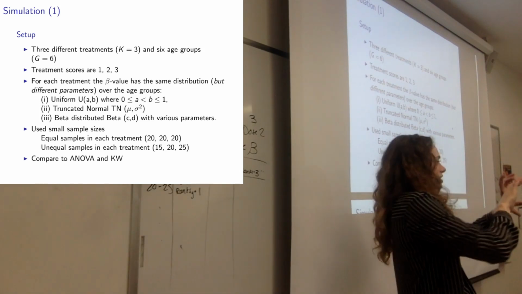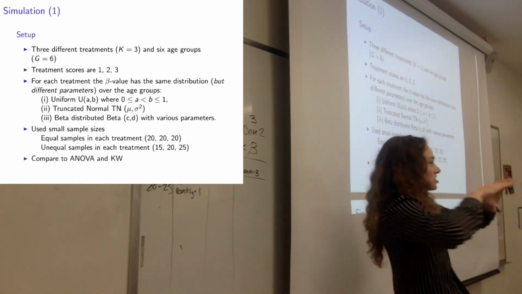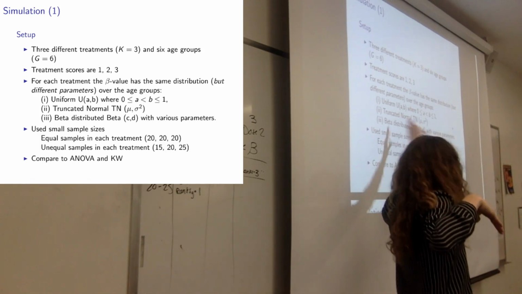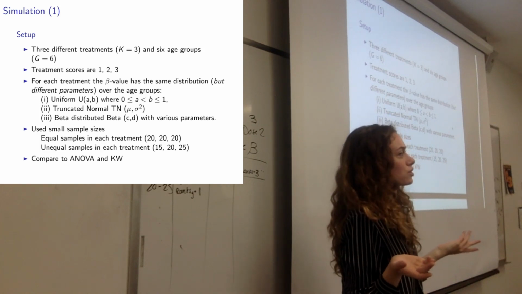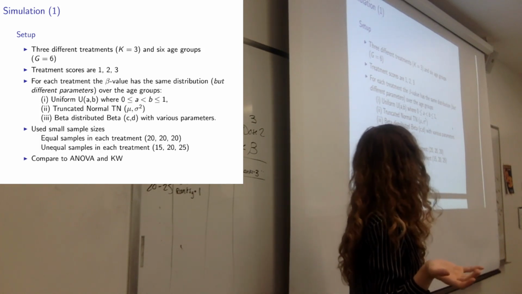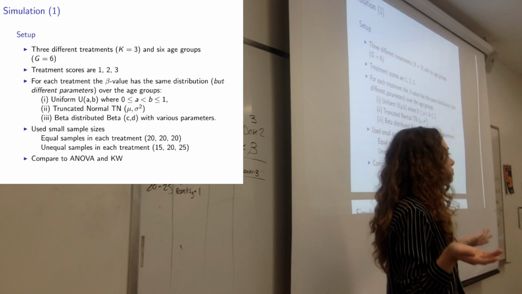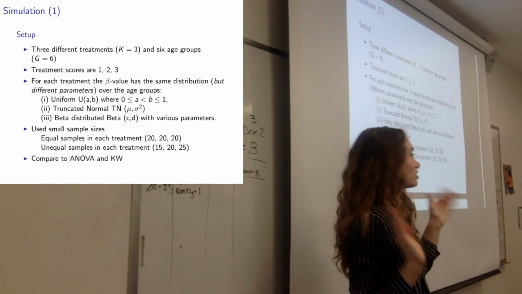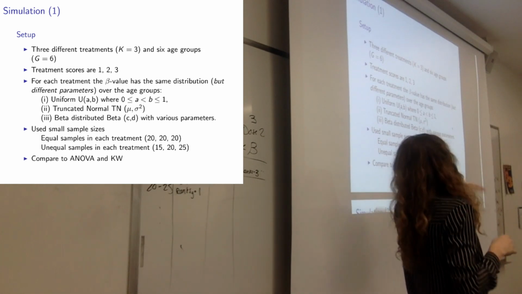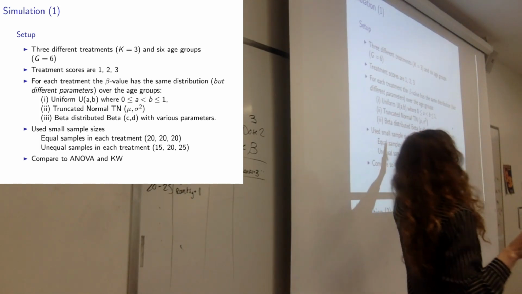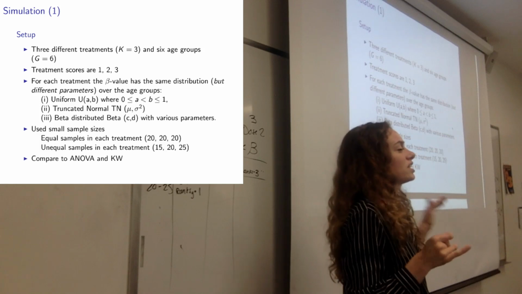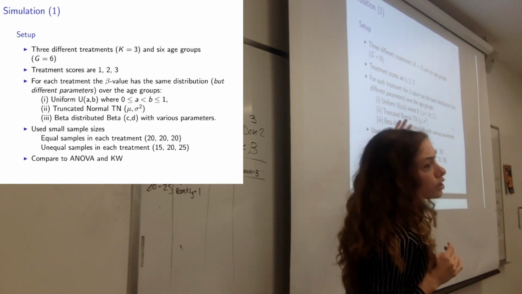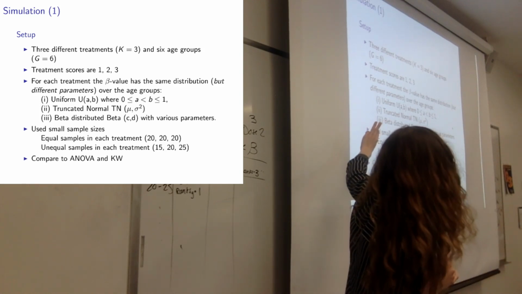Uniform is good because it's flat and it's one way to show that this is good. Truncated normal, if you want to use normal, I don't know why they ended up using this because we don't really like the normal distribution, but it's truncated, so it's allowed to have a 0 and 1 bound. And then the beta distribution is the best one because that allows heteroscedasticity and also allows the bound naturally. So those are the 3 different ways that they're going to simulate the data, 3 different distributions.